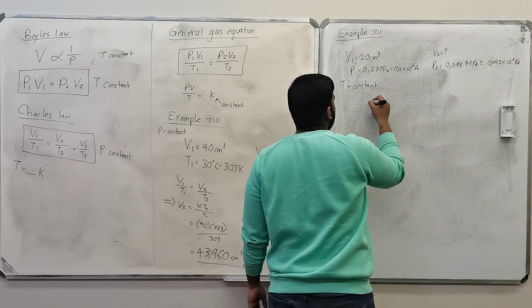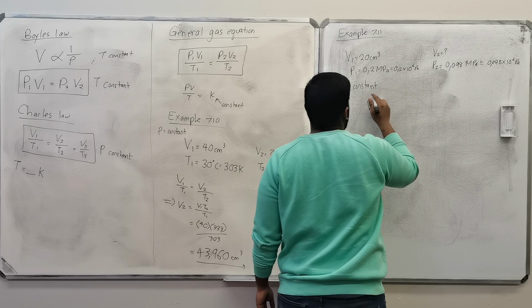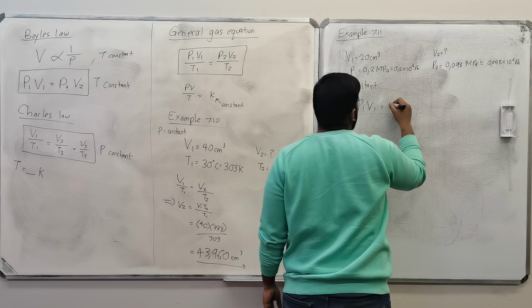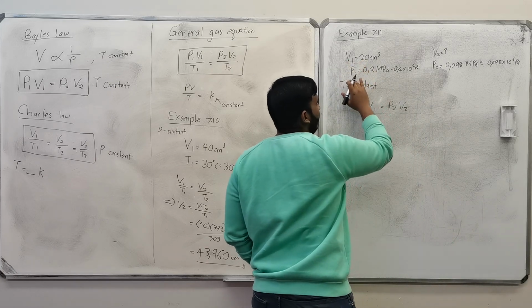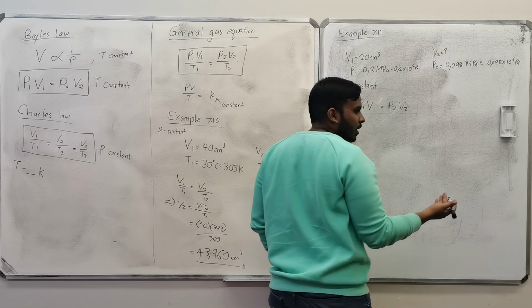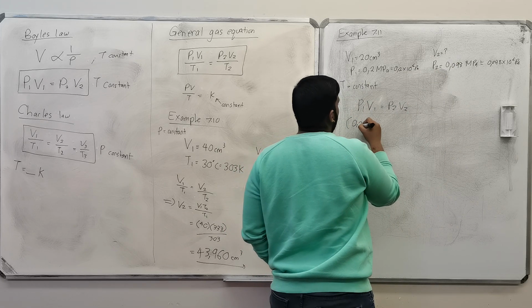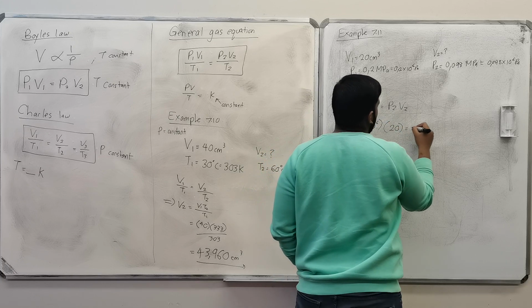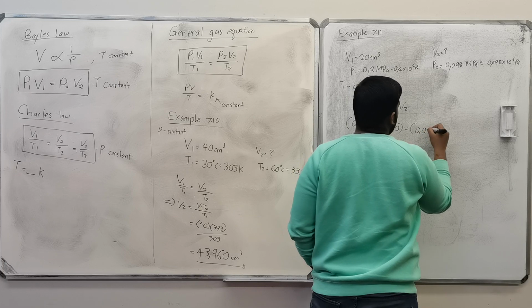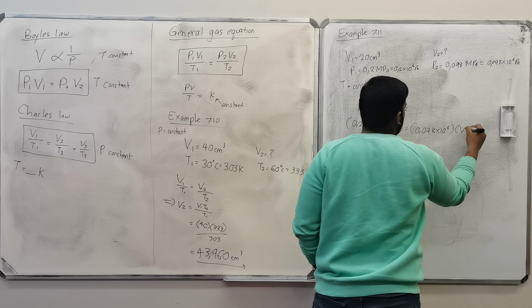So Boyle's law says that P1 V1 is equal to P2 V2. We know V1, we know P1, we know P2, we can solve for V2. So P1 is 0.2 times 10 to the 6. Your volume is 20, equal to P2, which is 0.098 times 10 to the 6 times V2.